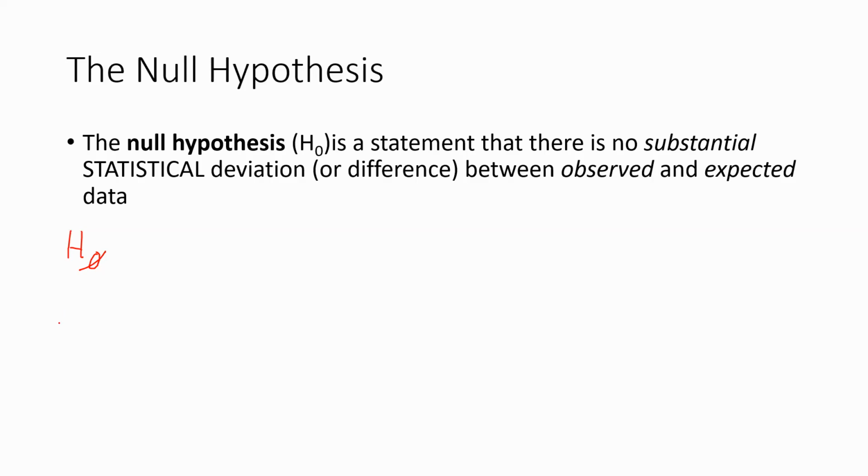You also have what is called an alternative hypothesis, which is written like this. So we have a null hypothesis and an alternative hypothesis. The null hypothesis is a statement that indicates that when you've done your experiment, between the results you get and the results you expect to get, there's no difference.